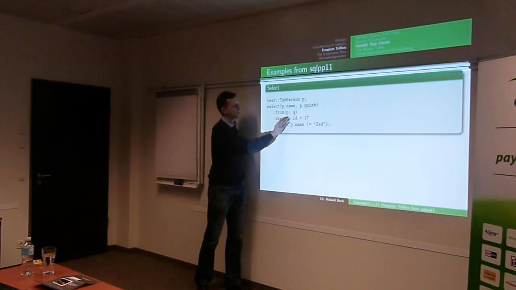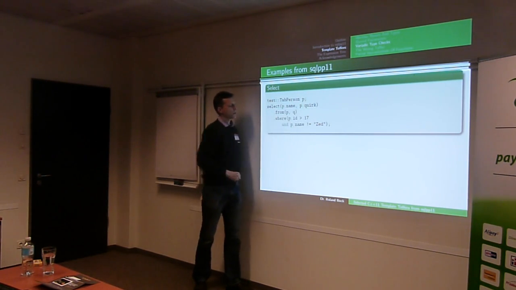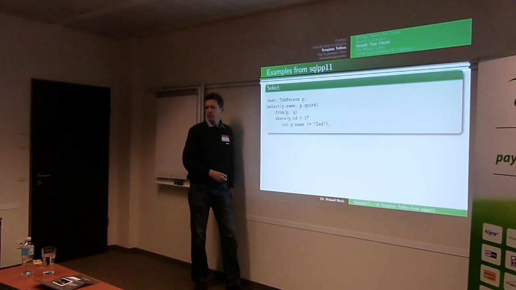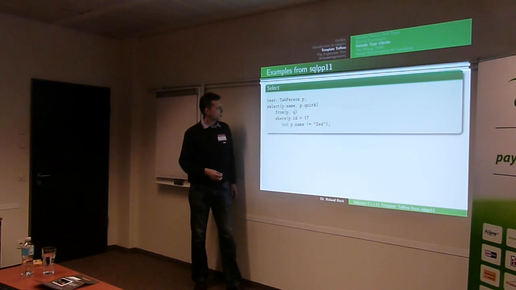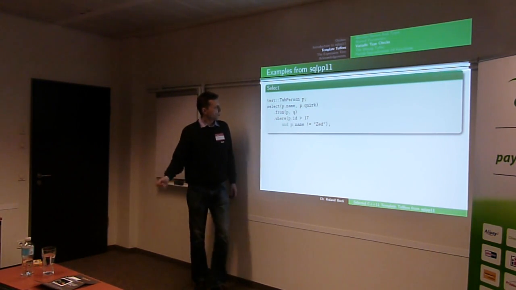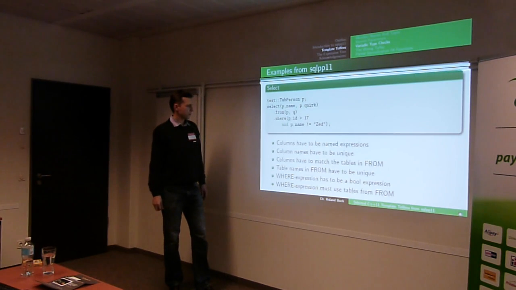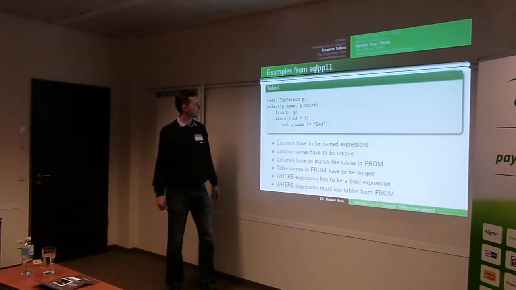Then again, we have uniqueness for names of the tables in the from. All the arguments here have to be tables, of course, or something that can be interpreted as a table, like a subselect, and same stuff with a where.